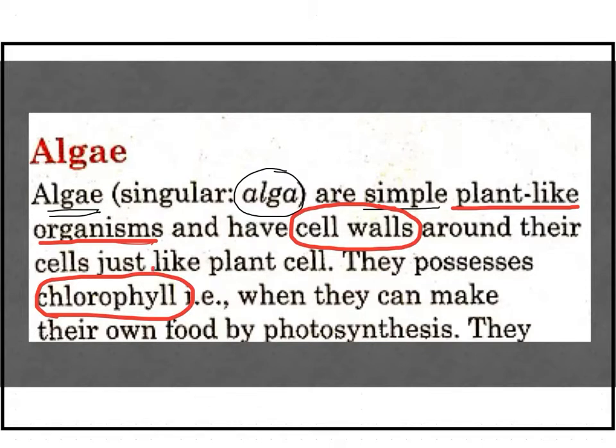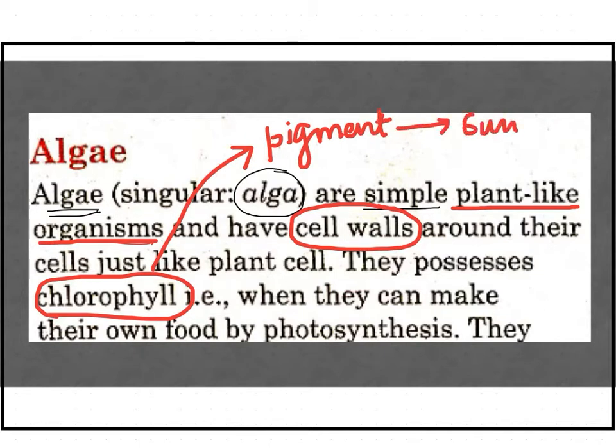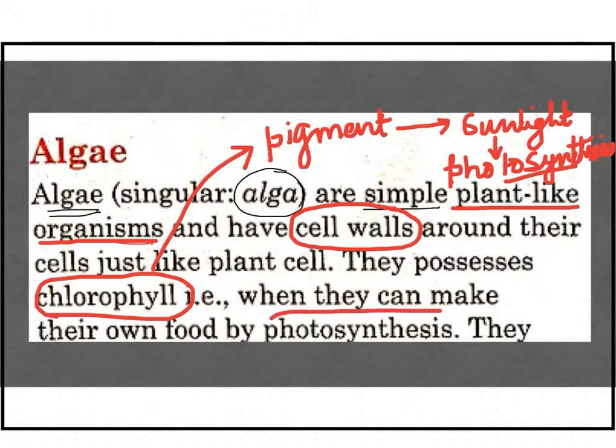Chlorophyll is basically a pigment that helps in absorbing sunlight, and with the help of sunlight, the plants or the algae carry out the process of photosynthesis. So algae can prepare their food with the help of photosynthesis.